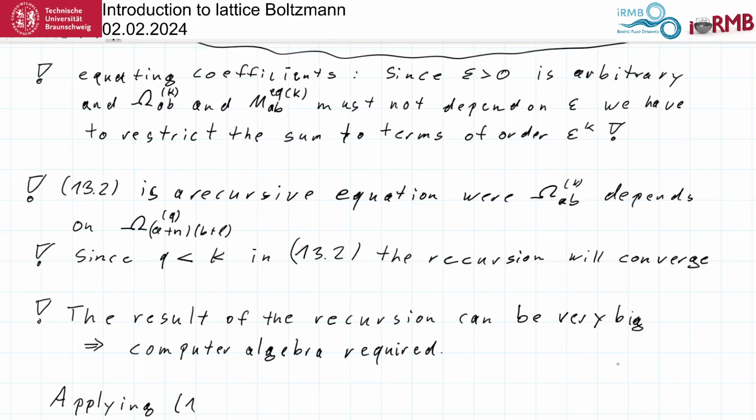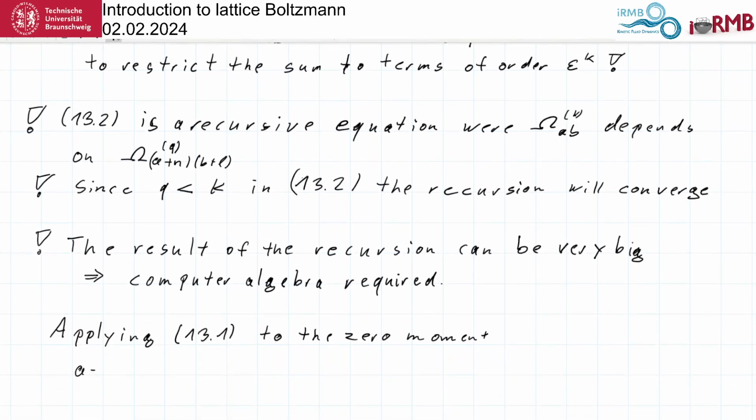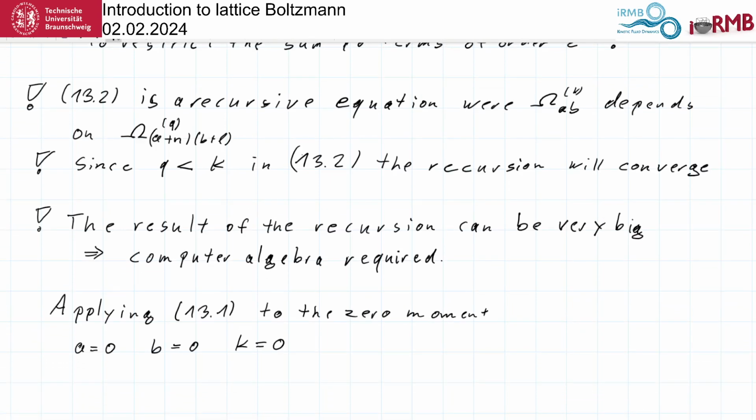We are applying equation 13.1 to the zero order moment. This means we put A equal to 0, B equal to 0, and we also put K, the order, equal to 0. And this will result in omega 0,0,0 is equal to omega 0,0,0. So we said we put them on both sides.